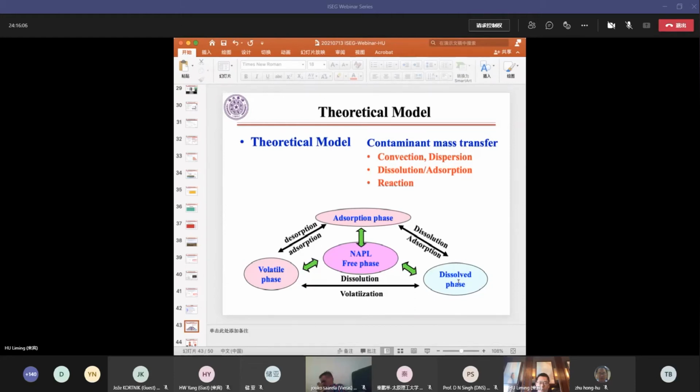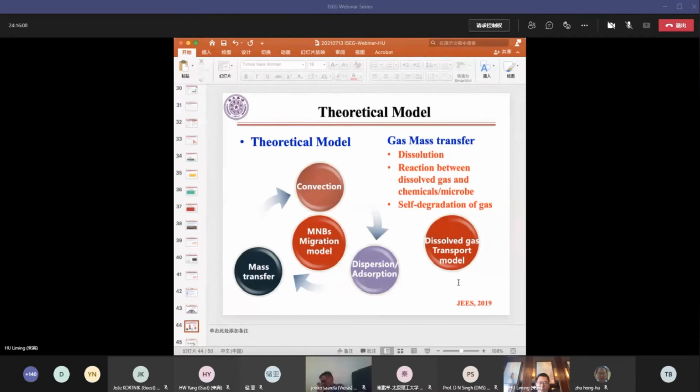Also, we can model bubble transport using transport equations, and we can simulate the dissolved gas transport using a model similar to the contaminant transport model.